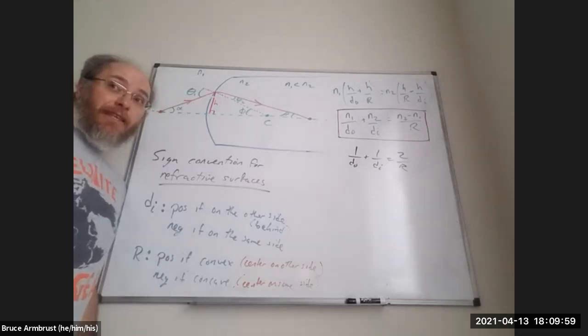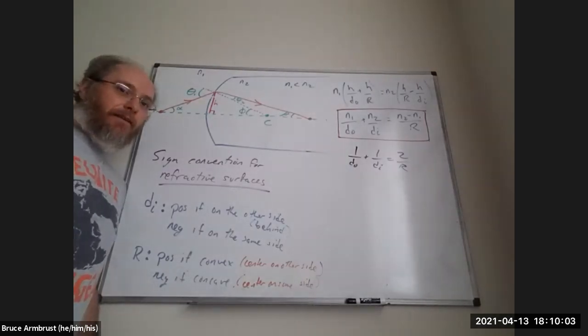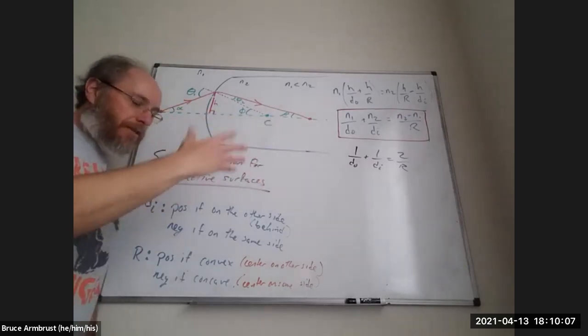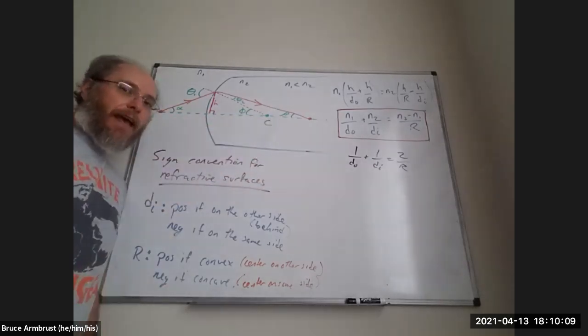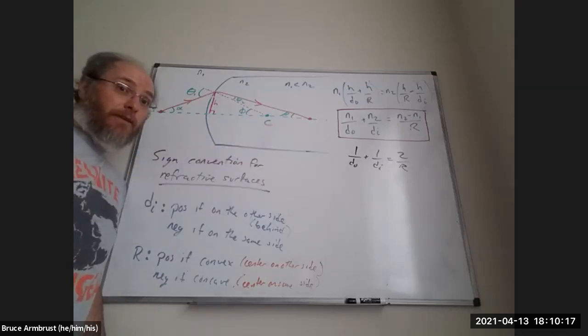And it allows us to get numbers for things that we can't even measure, right? Like, how can you actually get into this lens and measure where that image is? You can't physically do that, but that's okay because we have formulas that will do it for us.